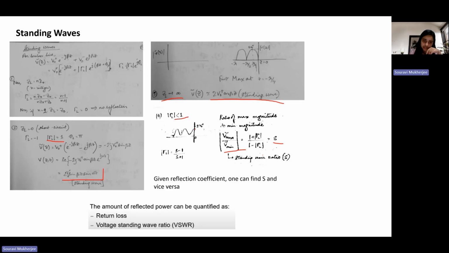If you are talking about some microwave circuit, it is important to know what the reflected power is, and it can be defined in terms of this voltage standing wave ratio, or VSWR, or the return loss.